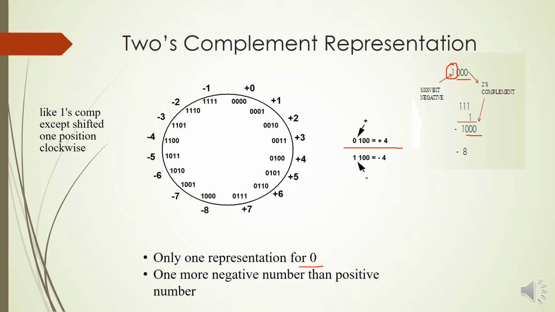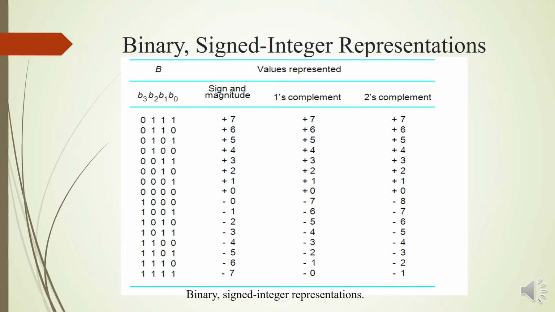Therefore, 1000 in two's complement representation is equal to minus 8 in decimal. This table gives you an overall representation of a 4-bit binary number for sign and magnitude, 1's complement as well as 2's complement.